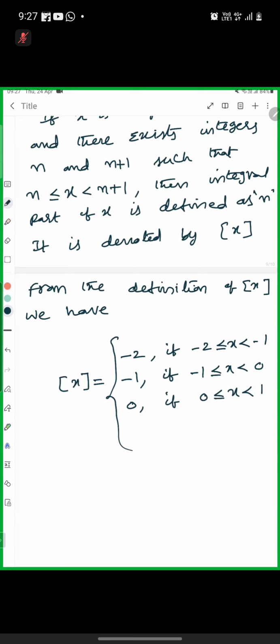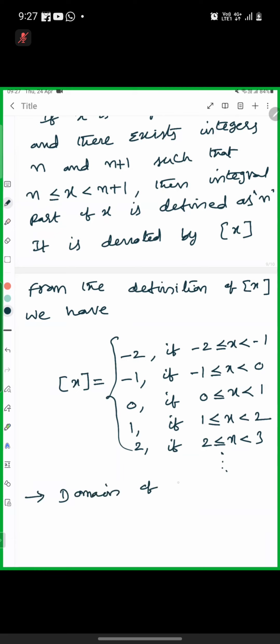I am writing the equality sign on the left side, not the right side. If you write the equality sign here, it will become 1. This is 1 if x lies between 1 and 2, and 2 if x lies between 2 and 3, and so on. The domain of the integral part of x is R. The range is Z, integers.